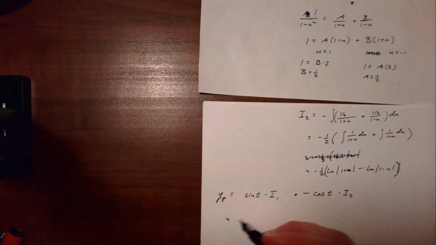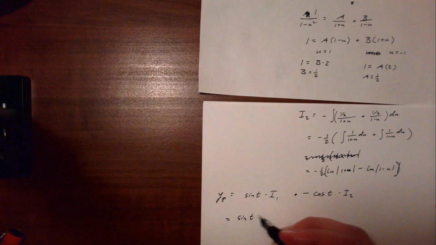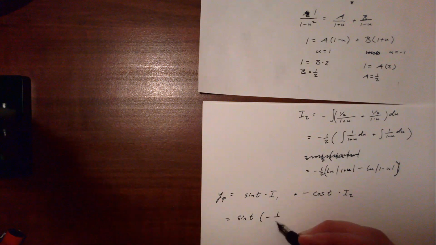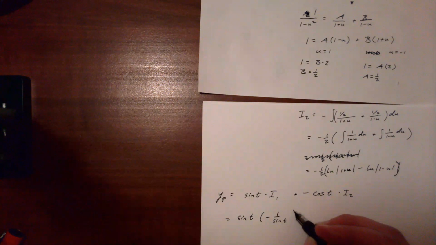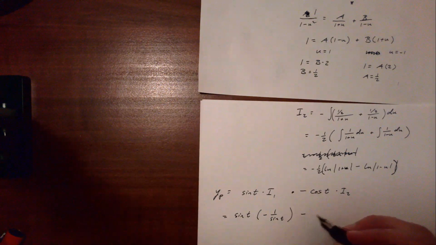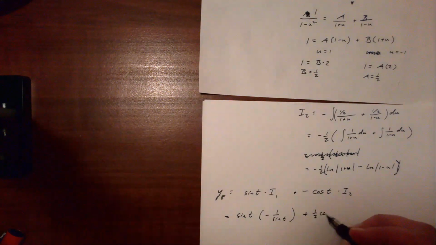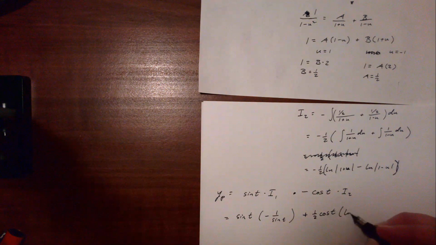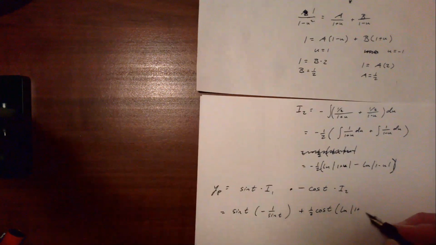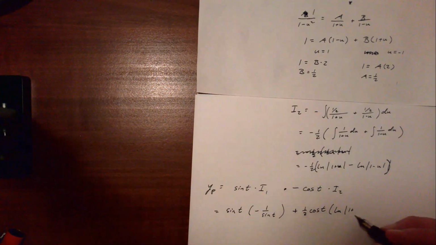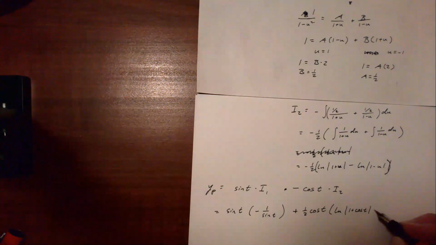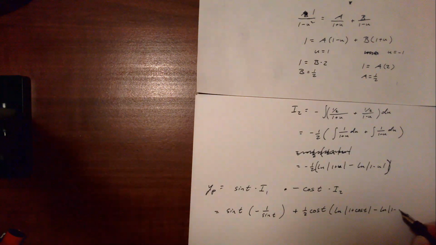And so this is going to be sine of t times negative 1 over sine of t. And this next one is going to be minus, or actually plus, 1/2 cosine of t times the natural log of the absolute value of 1 plus u. And here u was equal to cosine t, minus the natural log of the absolute value of 1 minus cosine t.